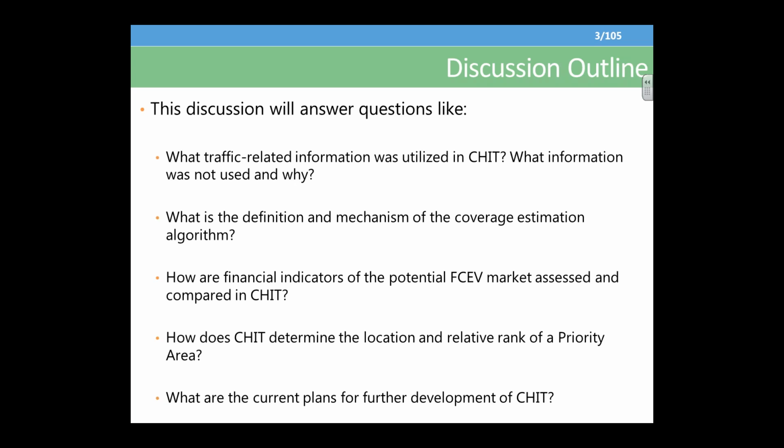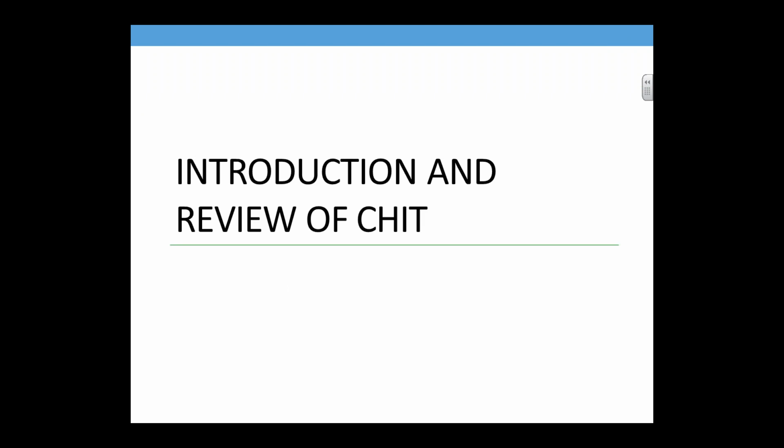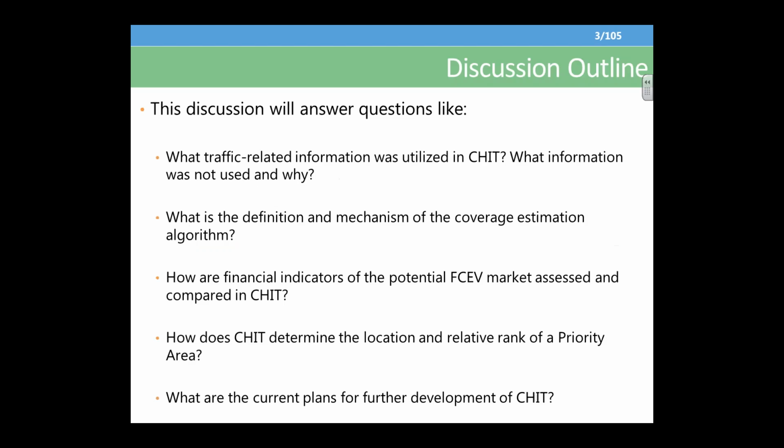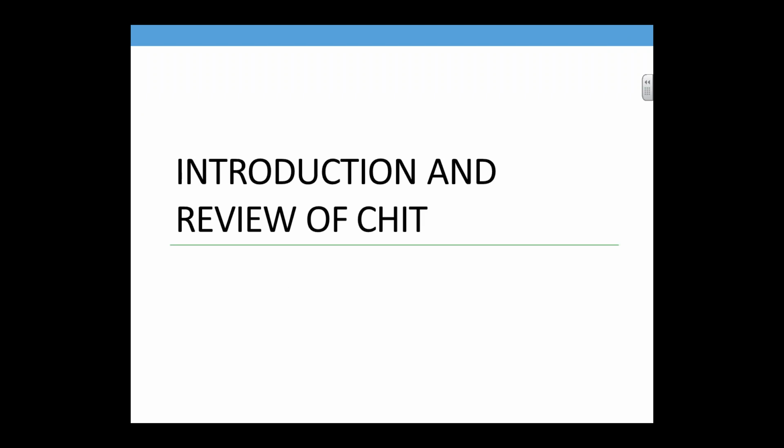In particular, the priority areas that you saw in the AB8 report and in the CEC draft solicitation concept. And then, of course, what are the current plans for further development? That's more of an open discussion.